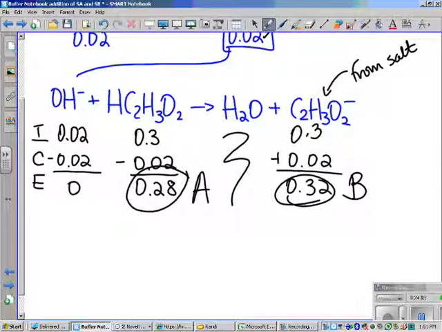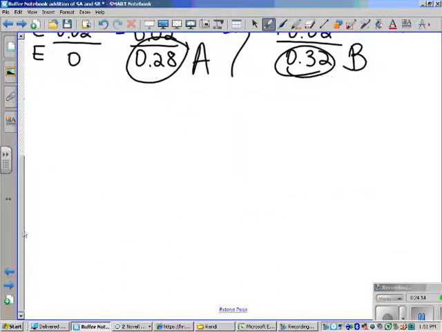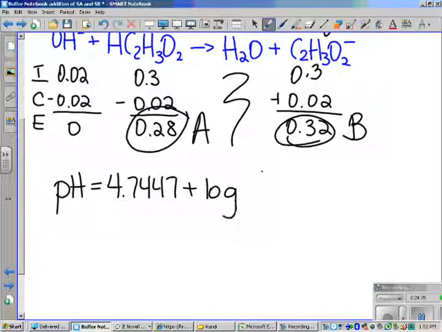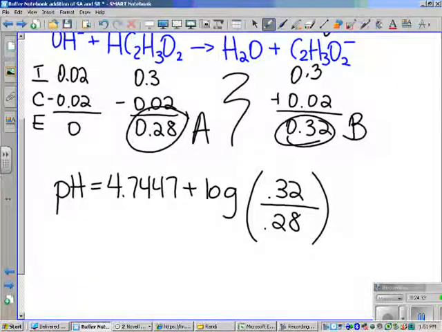So we're going to go back now and plug in to Henderson-Hasselbalch. So pH equals, what was the pKa on this one? 4.7447 plus the log of base. The new base concentration, it was 0.3, now it's 0.32. The new acid is 0.28.